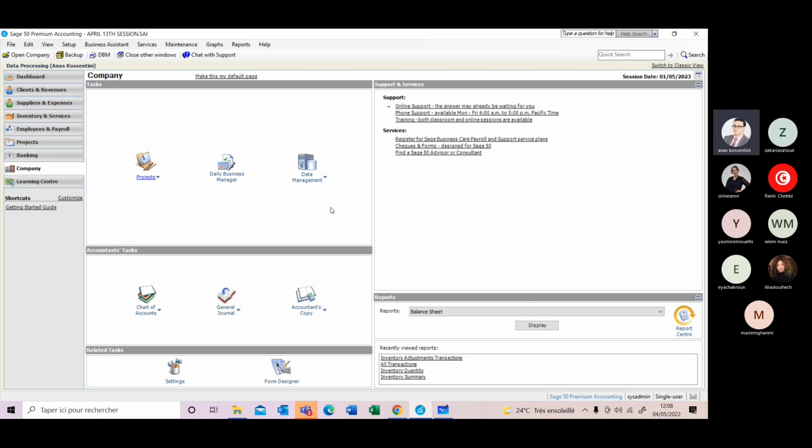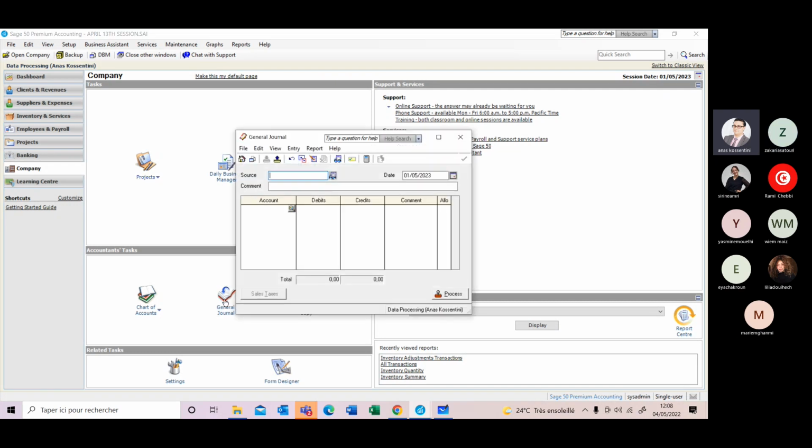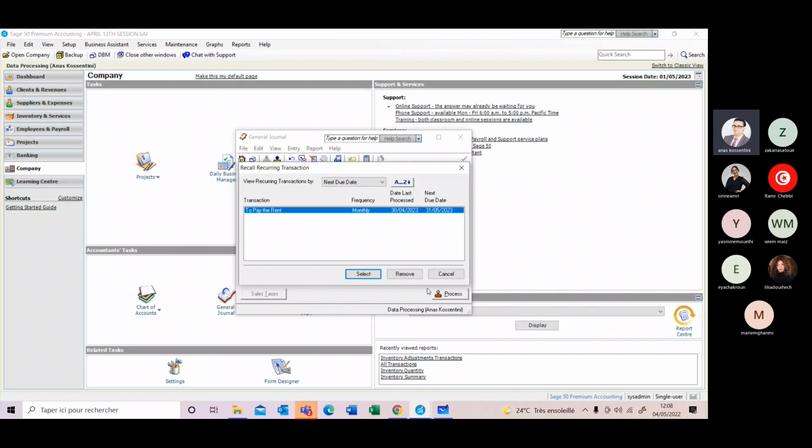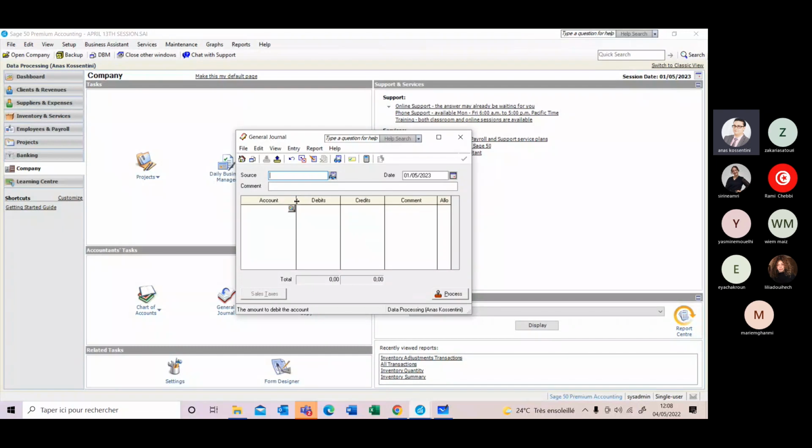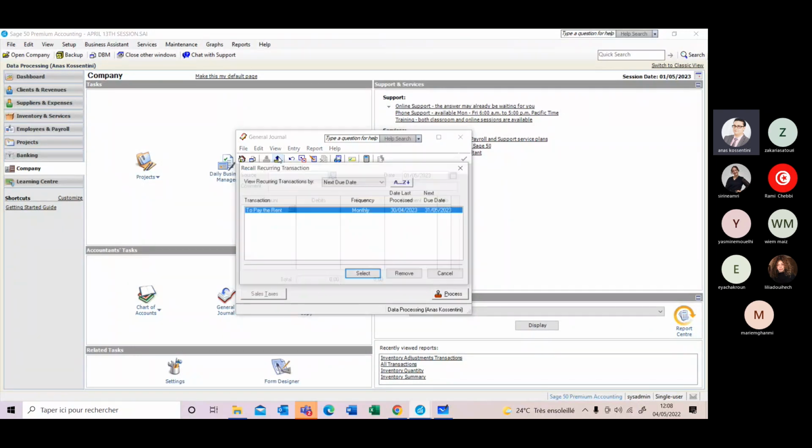For the recurrent transactions, of course, you can set the monthly frequency, but the deadline is not provided. But you can delete this from the system. I go to general journal, and when you go to the journal entry and you say recall recurrent transaction, you will find a list, right?